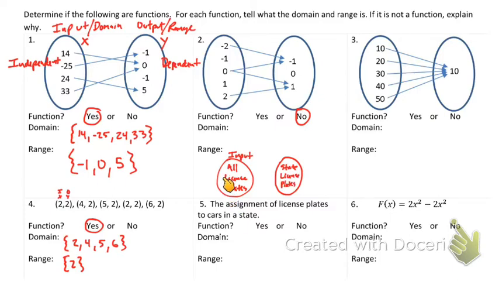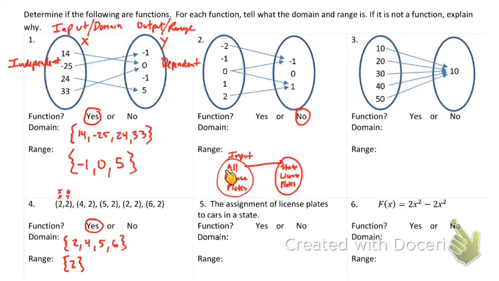Okay, so think of this. All license plates in the world, or in the United States, well, they only have one partner for a state license plate. Okay, so think about that. You kind of have to think of it logically. So let's think of this as the California license plates.